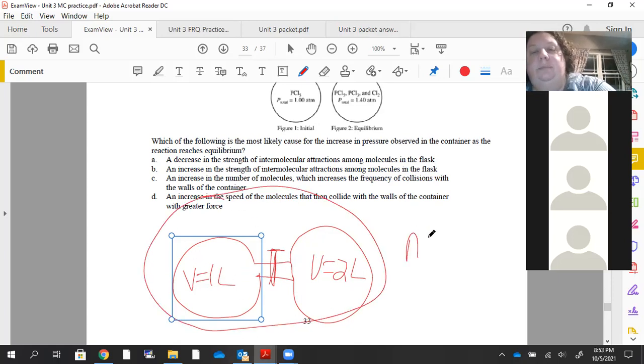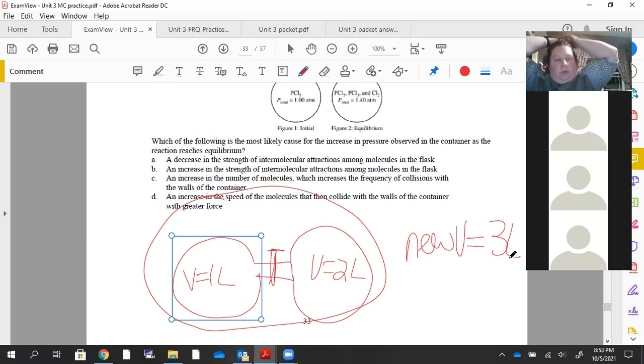My new volume is now going to be 3 liters. And because that volume has changed, pressures are going to change as well. Okay, yeah, that one makes a lot more sense now. And that's something sort of sneaky to watch for.